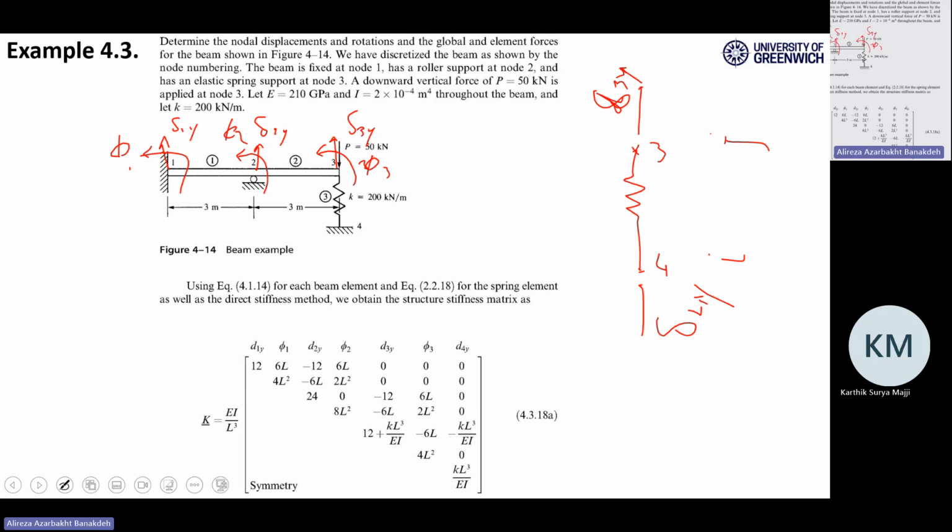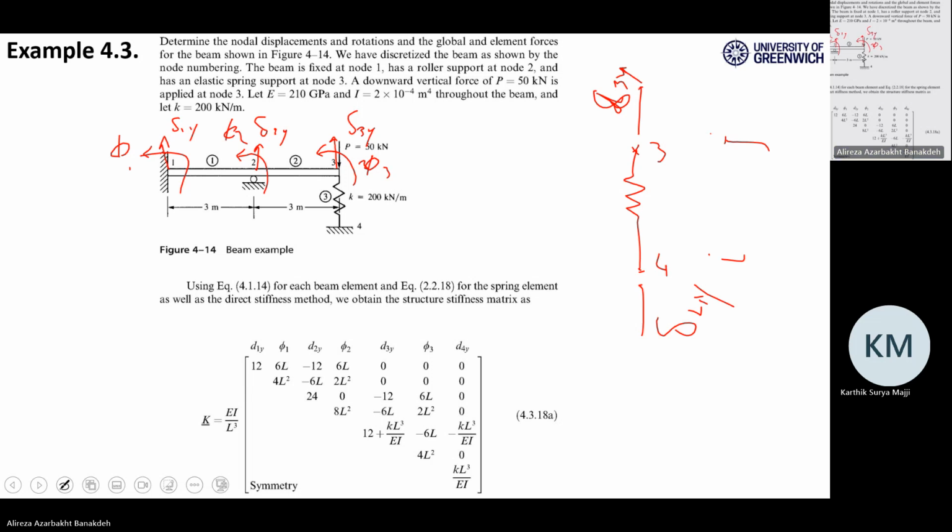So we had 6 degrees of freedom. We have delta 4y because of the bottom of the spring, and it means that we have technically 7 degrees of freedom. The whole matrix is 7 by 7 instead of 6 by 6 because of having this spring.